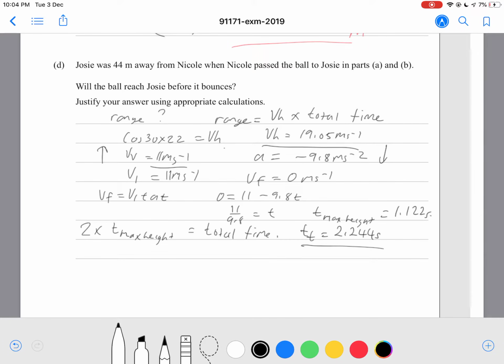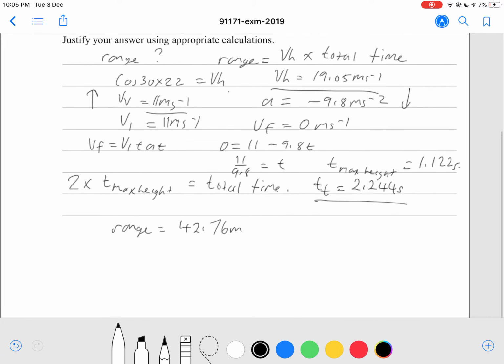We can use the relationship range equals horizontal component times total time to find our total distance traveled. If we multiply these two together, our range is equal to 42.76 meters.